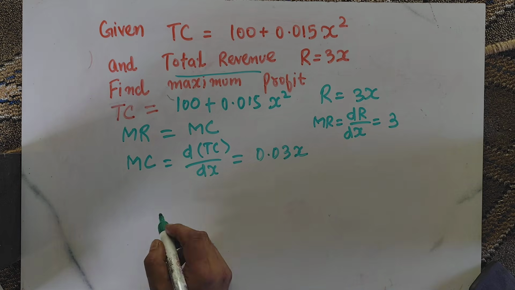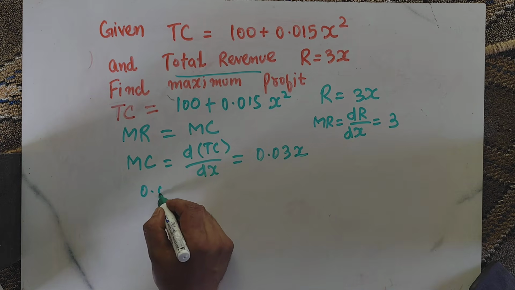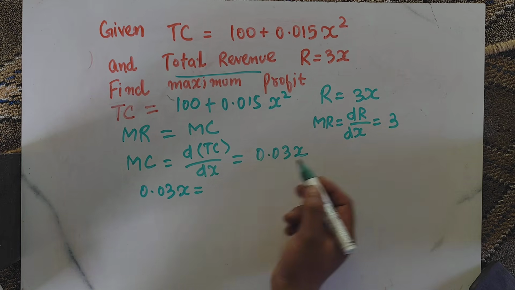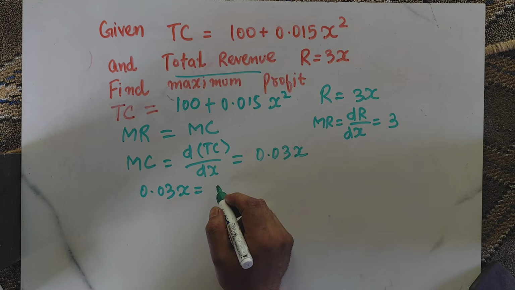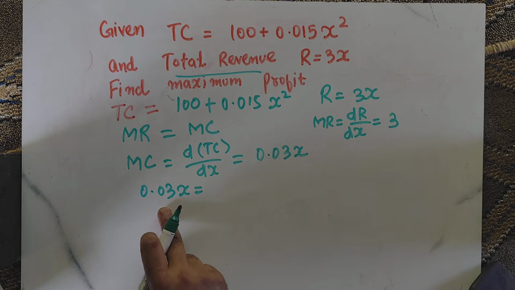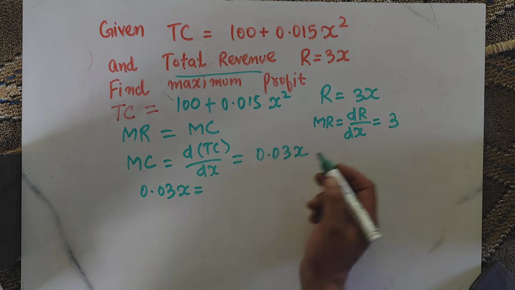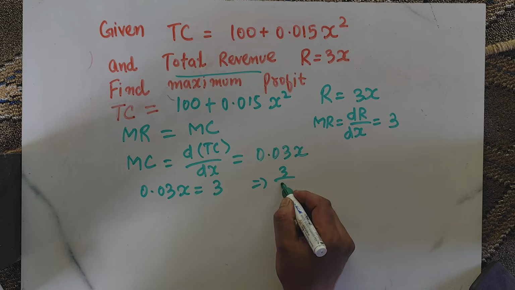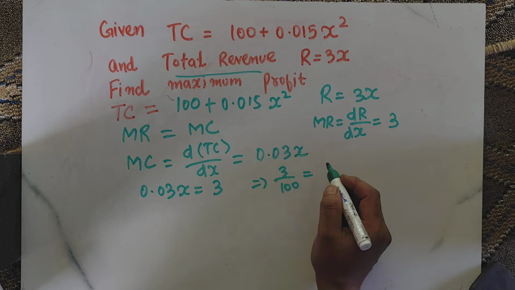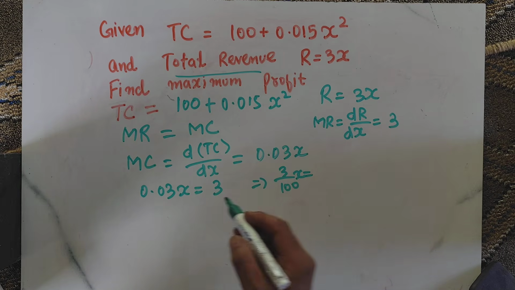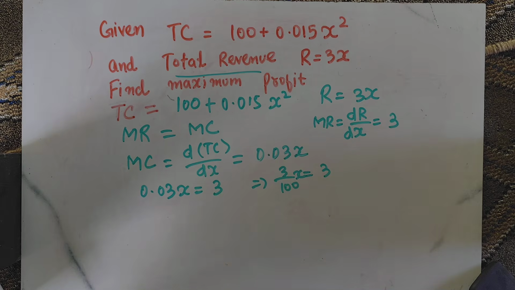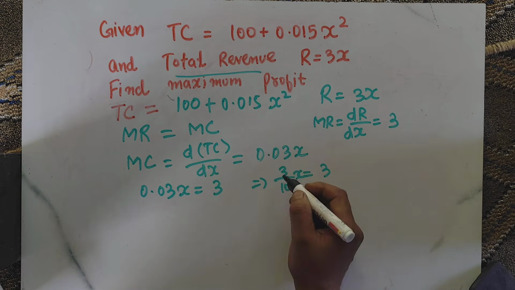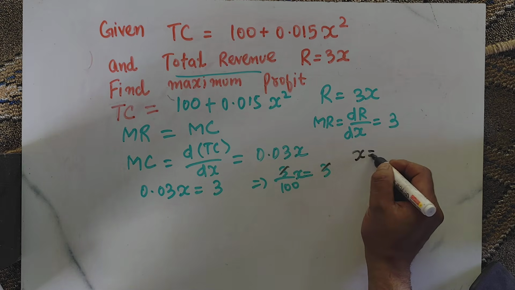Equating marginal revenue with marginal cost, we write marginal cost on this side and marginal revenue here. 0.03x should be equal to 3, which implies 3 upon 100 x is equal to 3. Cancelling 3 on both sides, we get x is equal to 100.